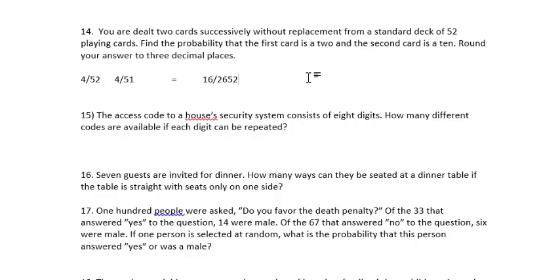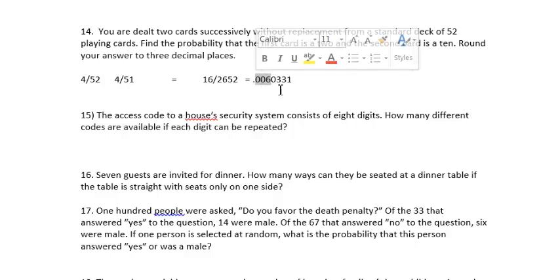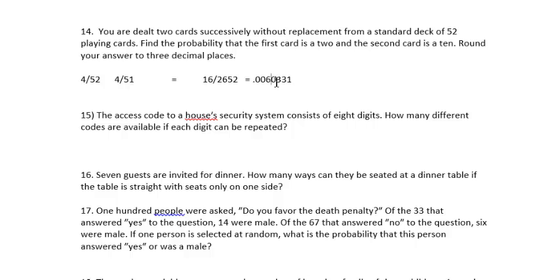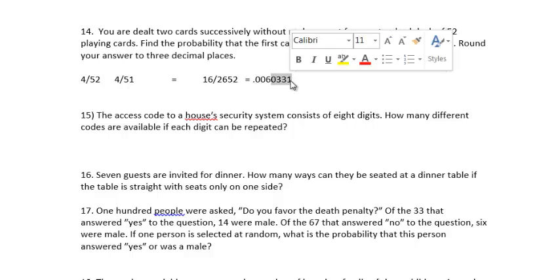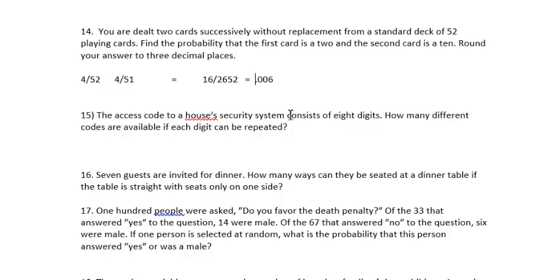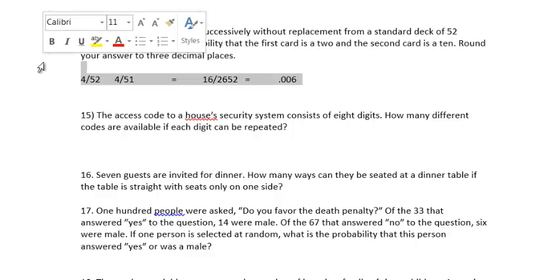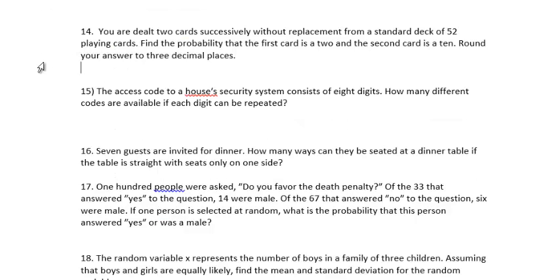According to my calculator, you get 0.00603318, etc. But they ask for 3 places, so these are our 3 places. The 6 we're going to round down because the next number is a 0, so our final answer for the probability of both of these things happening is 0.006, or about 0.6%.